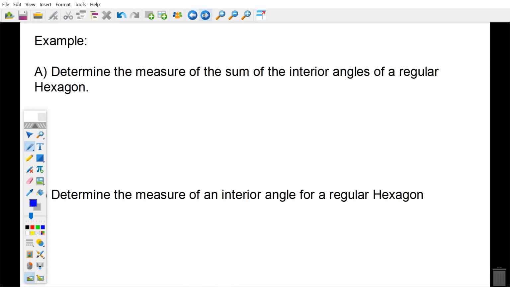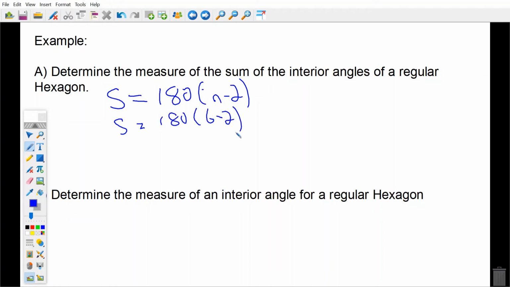So question A says, determine the measure of the sum of the interior angles of a regular hexagon. So that's our first formula. S equals 180 times (n minus 2). So a hexagon has 6 sides. 6 minus 2. 180 times 4 will be 720.